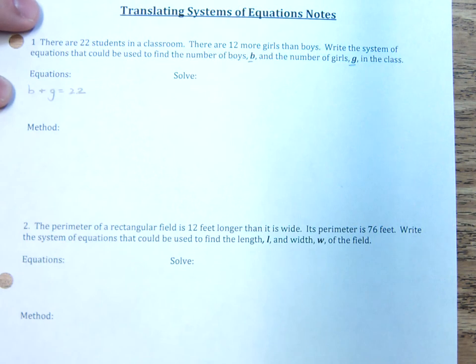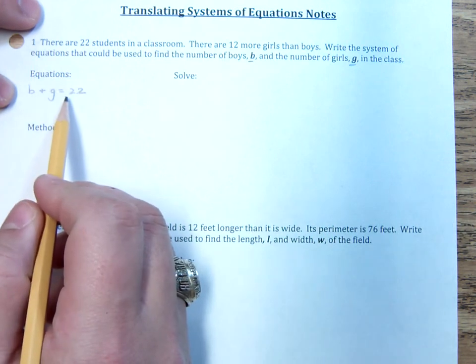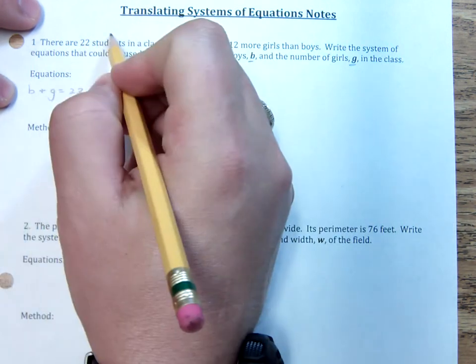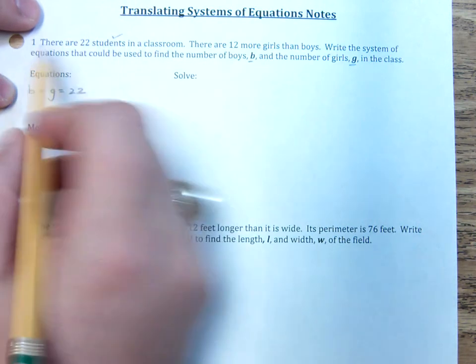Now remember, when we do a system of equations, we need 2 or more equations. Now in Algebra 1, 9th grade, we're really only dealing with 2 equations, but there are instances where you might do a third. Okay, so I have B plus G equals 22. So that's how many total students are in the class. Now this is taken care of. I like to go ahead and check things off as I go to know that I've handled that already.